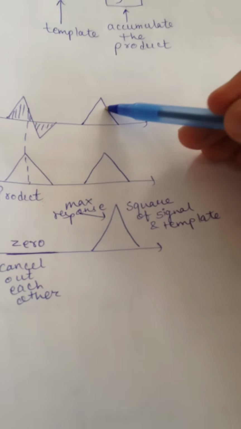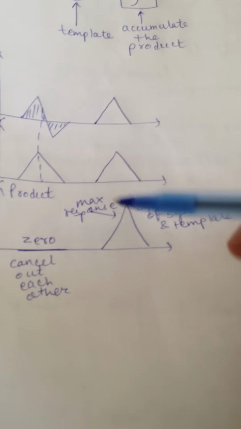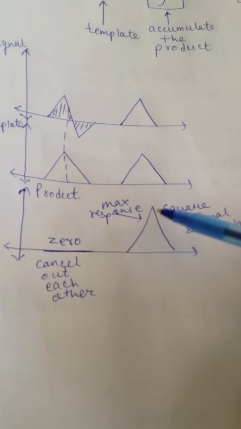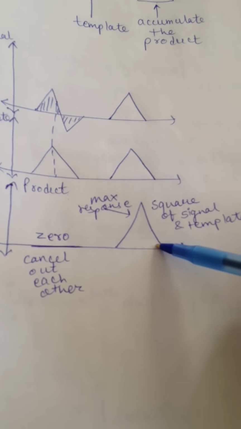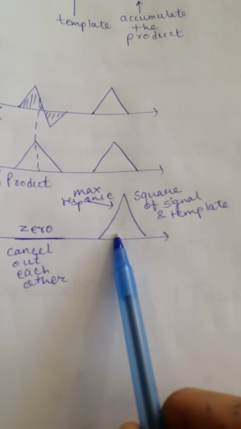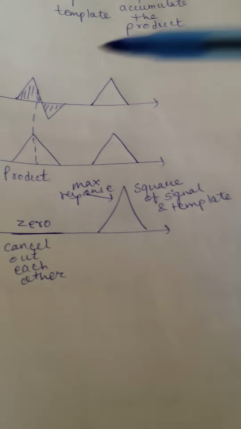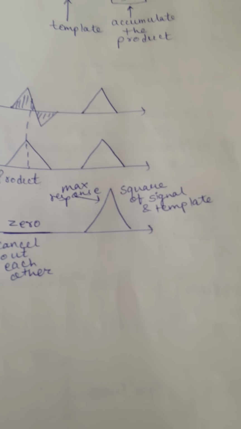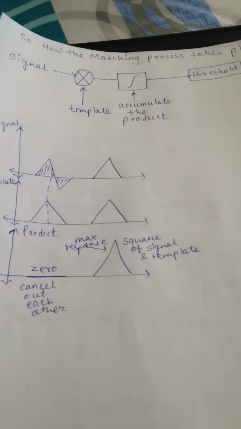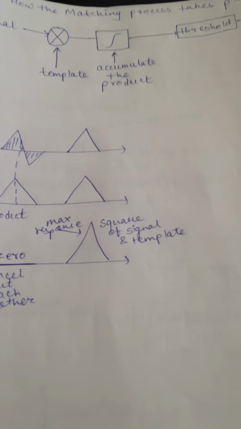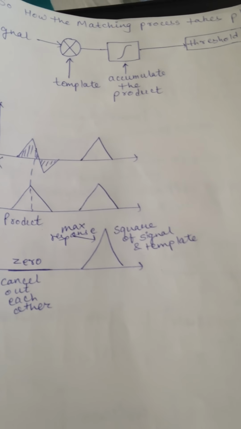When the signal matches with the template, then the final response will be the square of the signal. Hence we will get an improved form of the signal. Hence it's an impulse. We can also say that it's a max response of a signal, as the negative slope will also be added to the positive slope. So this is basically the matched filter. This is how the matched filter detects a signal from any random or unknown signal.